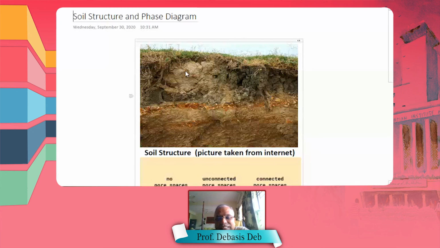Look at its texture, its grains, its porosity, because those are very important aspects of the properties of the material.